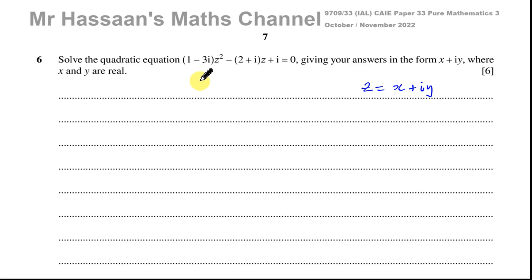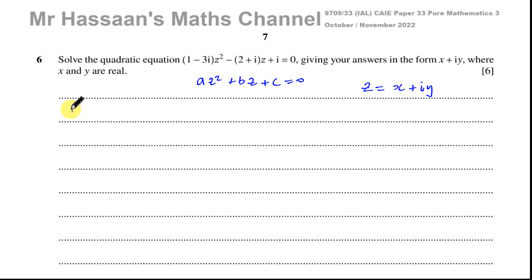So we can see it's of the form az squared plus bz plus c equals 0, where z is the variable that we're trying to find the values of. So it's a quadratic equation, and we could use the quadratic formula to find the values of z.